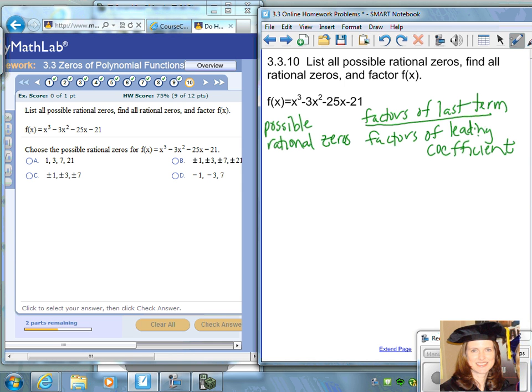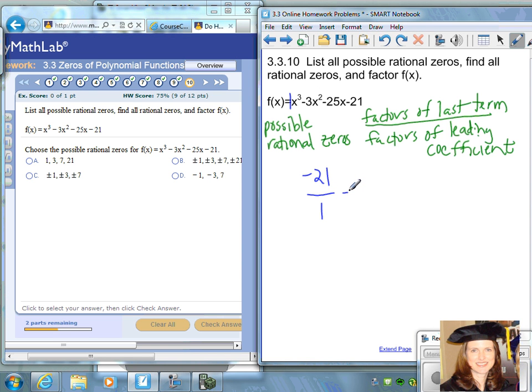Okay, so what that is going to look like is we're going to look at all the factors of negative 21, and we're going to divide by all the factors of the leading coefficient, which is 1.